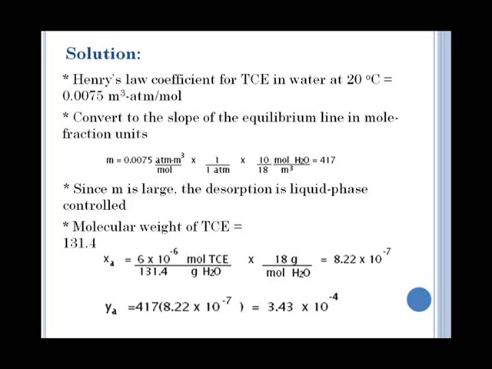We will multiply that by a conversion factor of 1 mole TCE per 131.4 grams of TCE and 18 grams of water per mole of water, and we will obtain 8.22 times 10 to the negative 7 moles of TCE per mole of water. In solving for YA, we will multiply XA by the slope, and we will obtain 3.43 times 10 to the negative 4.